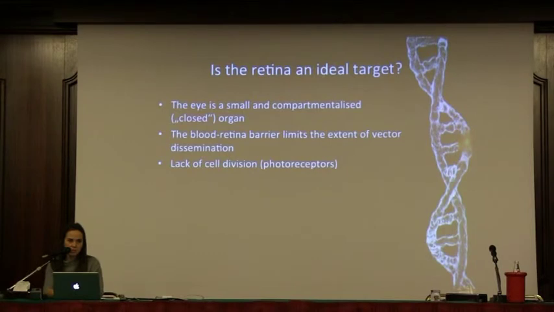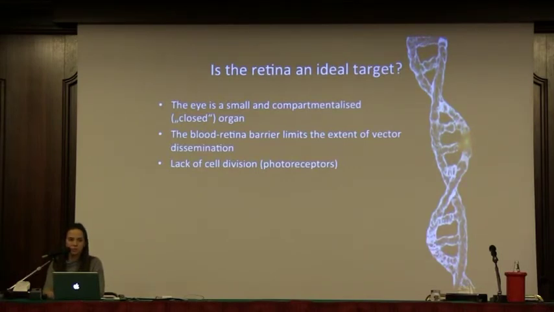Also, a very important thing is that these cells, the photoreceptors, which we would like to treat, are not dividing anymore. So we don't have to be afraid that there will be diseases which occur later because the cell is dividing and might not be taking over the information properly. And this is also an advantage because theoretically we only have to treat these cells once, and they get the information and then they can work with it.